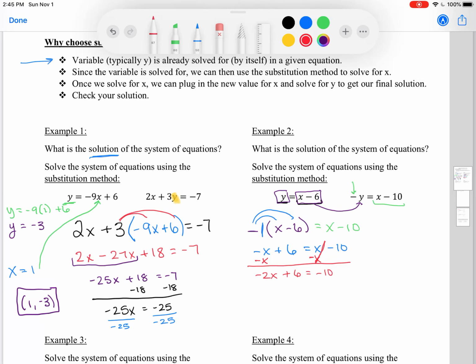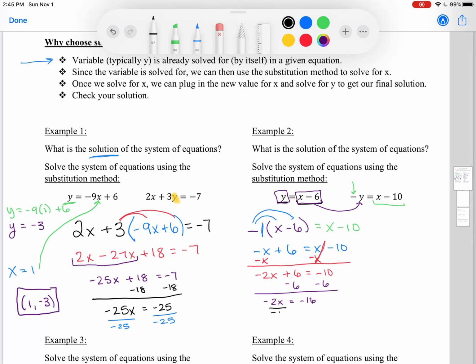Now let's work down. -x minus x is going to give me -2x. Bring down your plus 6. X minus x is going to cancel, which is nice for us. And it now equals -10. We continue to solve.